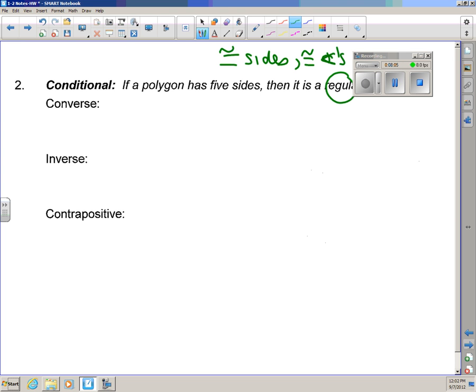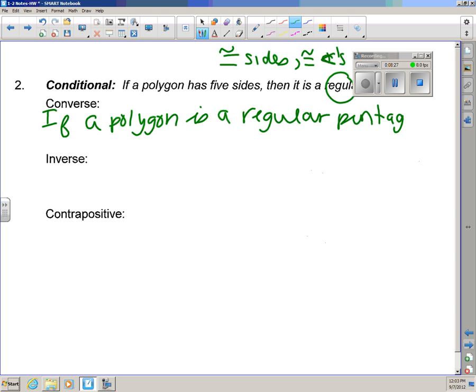So if we do the converse of that, it's going to look like, if a polygon is a regular pentagon, then it has five sides.